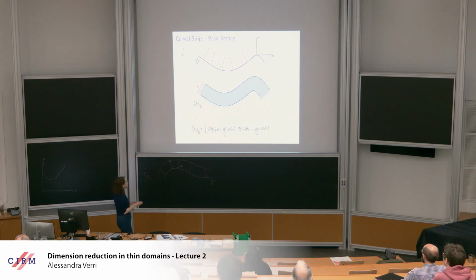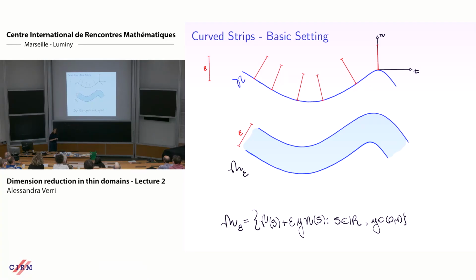Here we are working with strips with uniform width. And this kind of regions we call curved strips. Here you have omega epsilon, a parametrization of these regions.